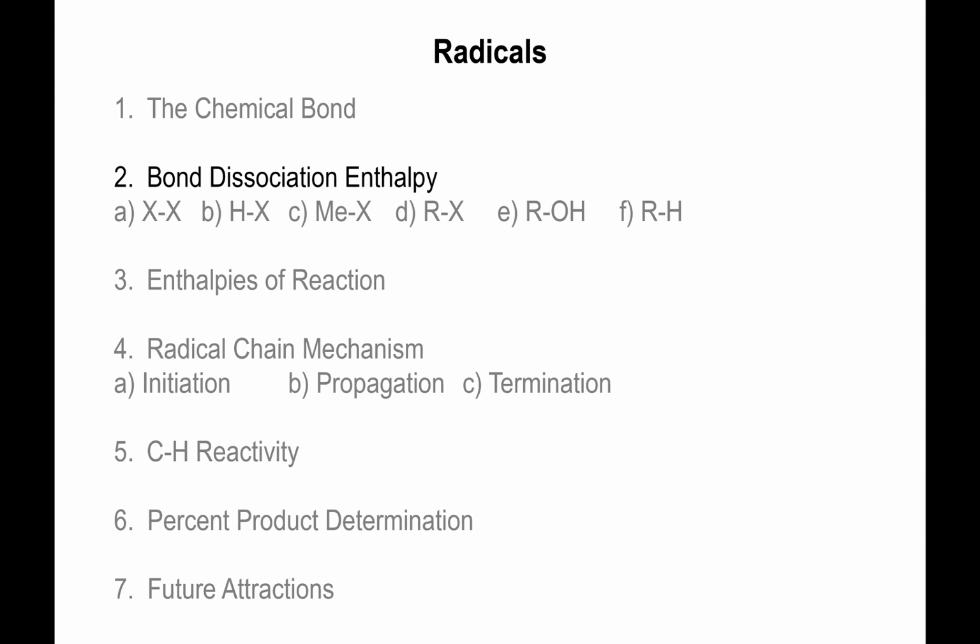And so that's going to be the main premise for the next video, where we'll talk about those particular bond enthalpies of dissociation for each one of these types of bonds. We're going to talk about homonuclear diatomic molecules, where we're breaking the bond between two elements of the same kind.